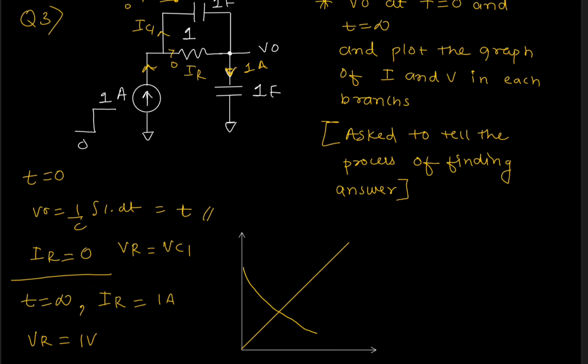So that's why there will be a curve like this, from 1 ampere to 0 ampere. And IR will be from 0 ampere to 1 ampere. Okay, so this was the question.